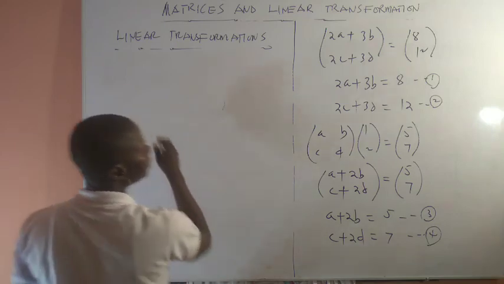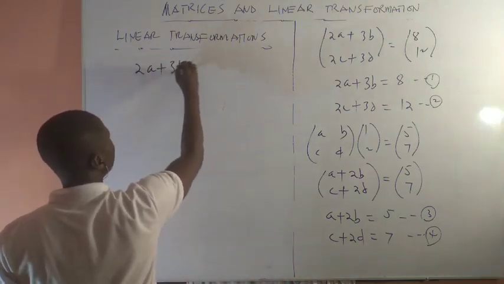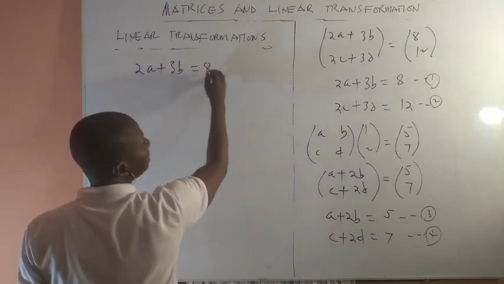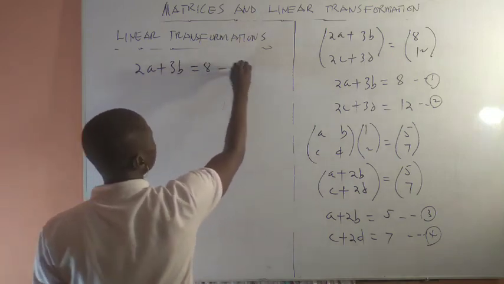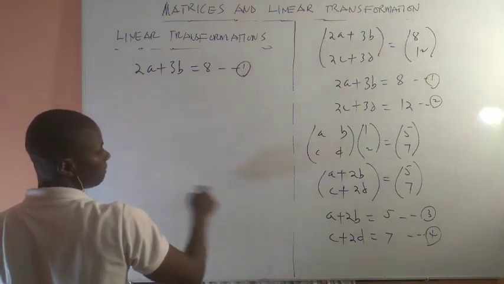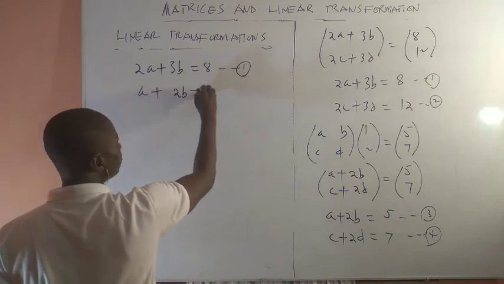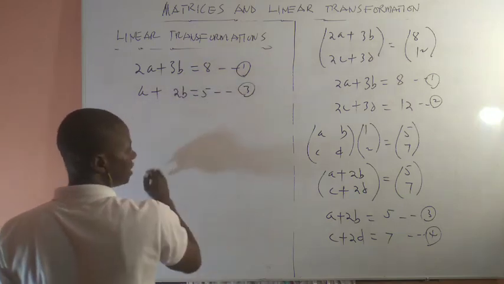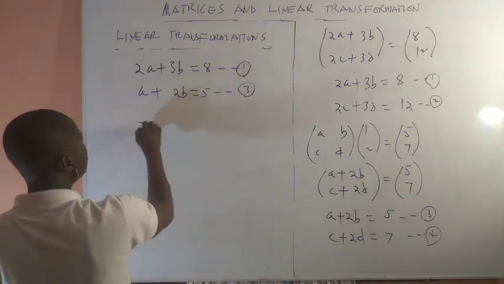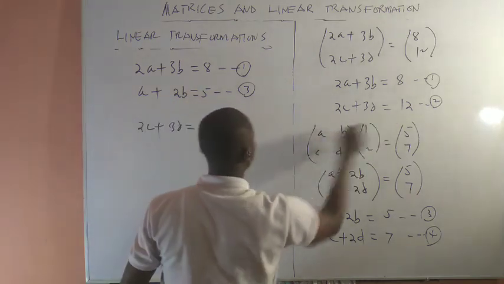Now the first equation is 2A plus 3B equals 8, and this is our equation 1. So we solve equation 1 with equation 3, that is A plus 2B equals 5. Then the other equation is 2C plus 3D is equal to 12.